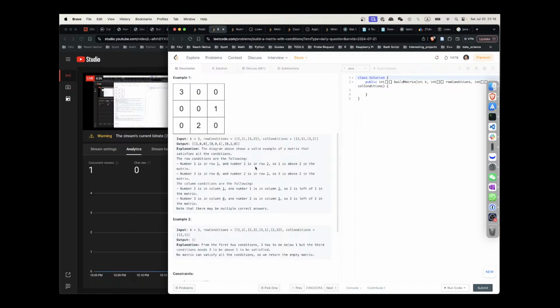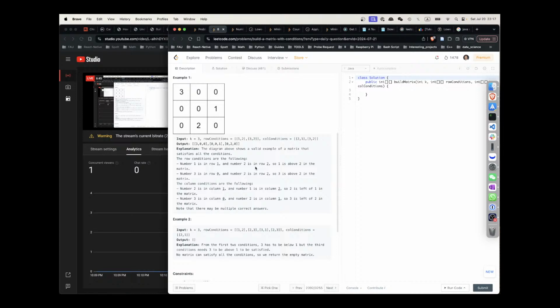It's like a graph, right? Say from above to below is a link. So 1 above 2 means 1 will go to 2. And 2 above 3 is 2 going to 3. And 3 above 1 will be linking back.